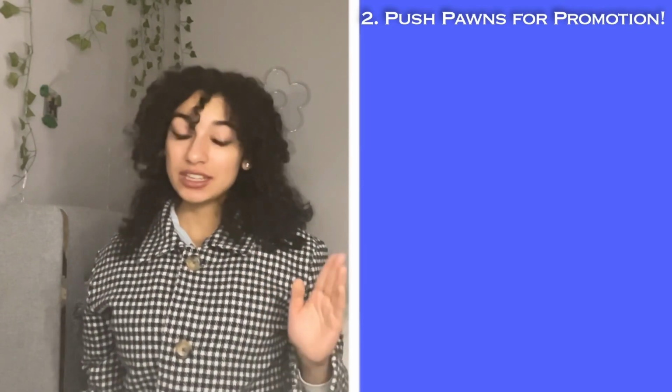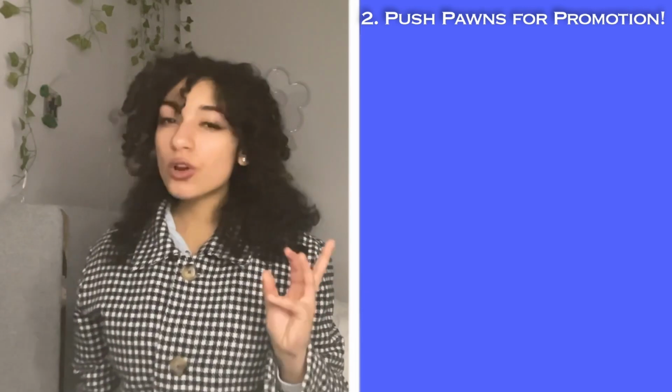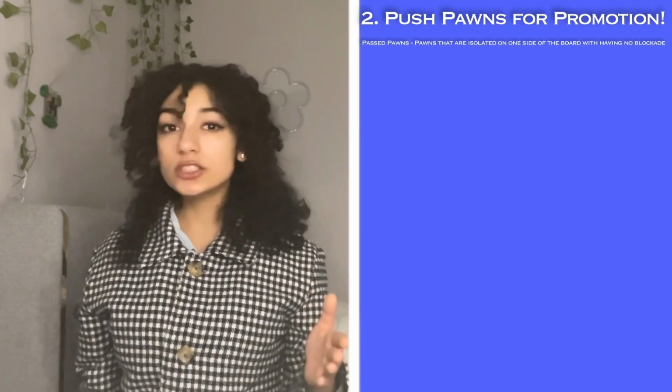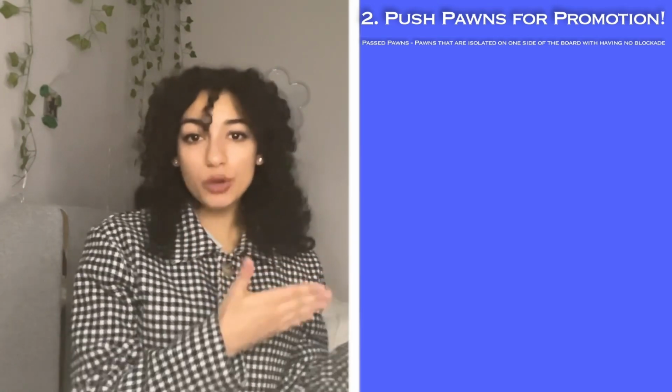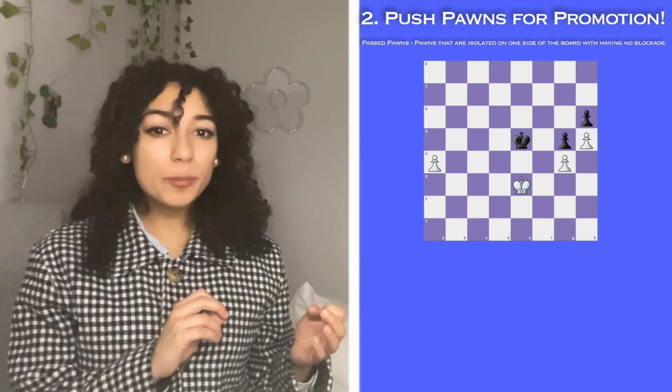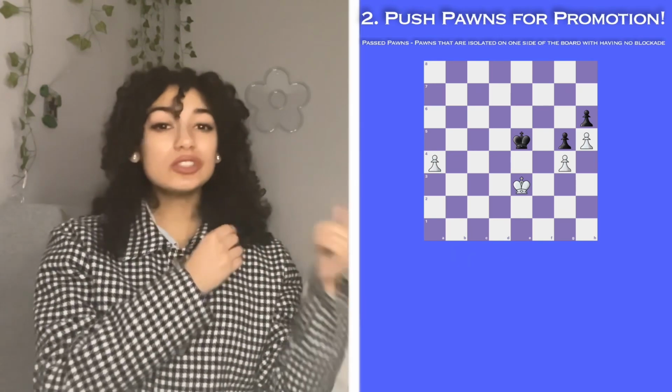Now, speaking about those pawns, you need to push your pawns in the end game, especially your passed pawns. Passed pawns are pawns that are isolated on one side of the board without another pawn to blockade them. So, here, because it's so easy to push them at the end of the board in positions like this, you see that A pawn?